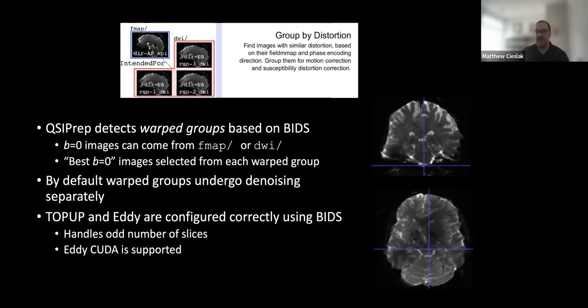As long as we have valid BIDS data, there's enough information in the BIDS data for us to automatically configure the input files for your TOPUP run and your eddy run, and those are added in as well. Since eddy has so many arguments, we set a bunch of defaults, but if you're an eddy expert, you can supply your own set of eddy arguments and give those to QSIPrep when you run it, and it'll send all of those into eddy when eddy ultimately ends up being run.